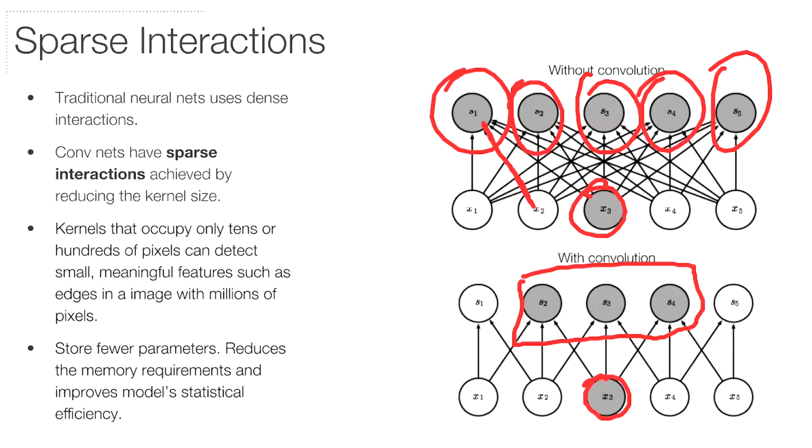If your kernel is 3 pixels wide, m by n, m being 3, then one neuron only connects to 3 other neurons on the next layer because it is being windowed by the kernel, right? So this is all it has to see. And this one, this is all it has to see. This one only sees 2 things on the edges.